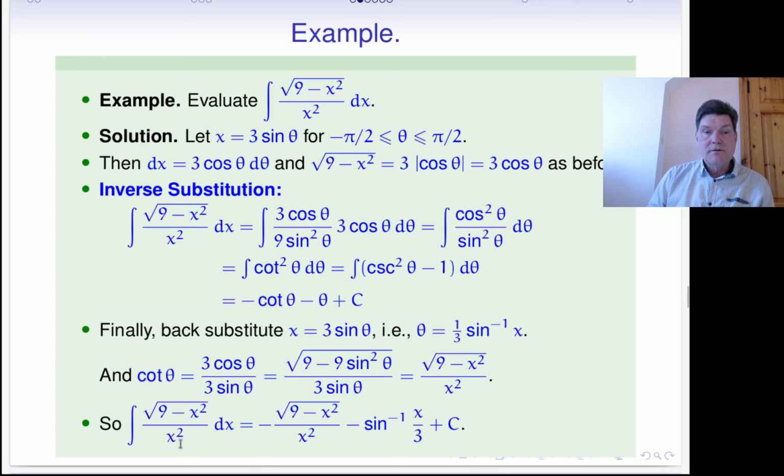And then by Pythagoras, we know that the squares of the x and the so far unlabeled side must add up to the square of 3, which is 9, and therefore the unlabeled side must be the difference of the square of 3 and the square of x, and then the square root of that. So that's Pythagoras, which gives the side length of the third side, the adjacent, as square root of 9 minus x squared.